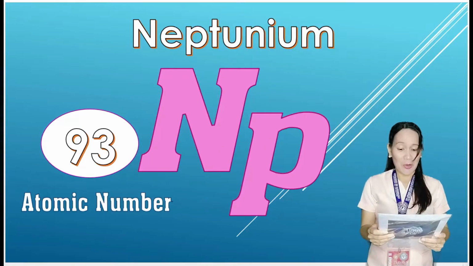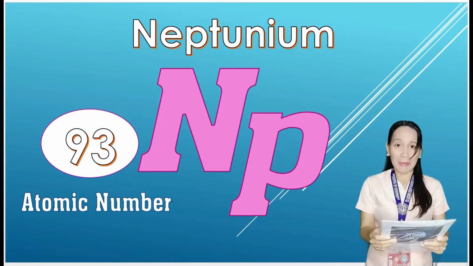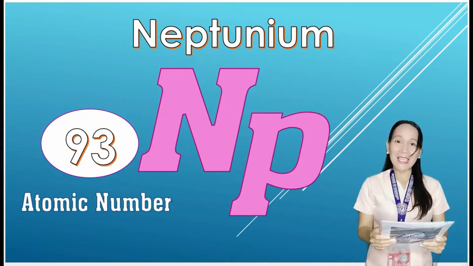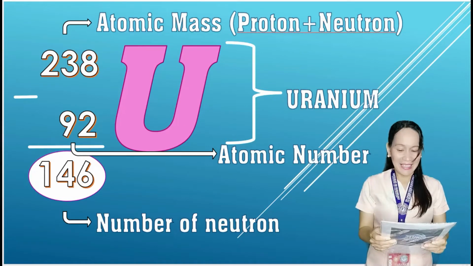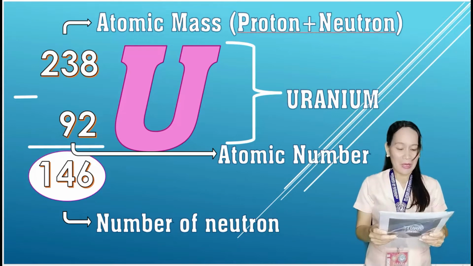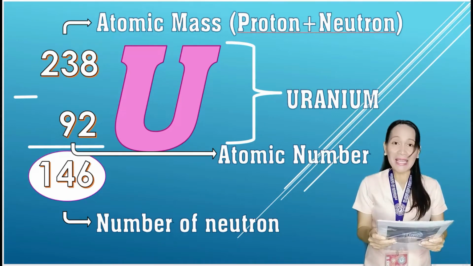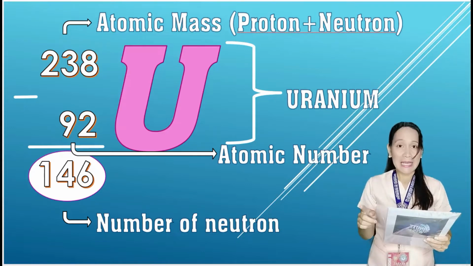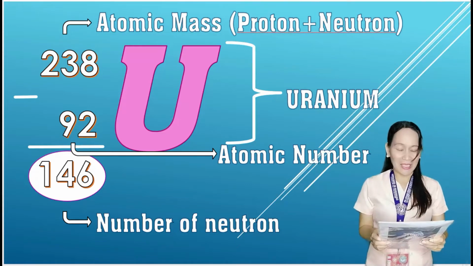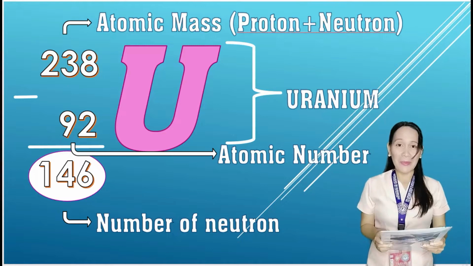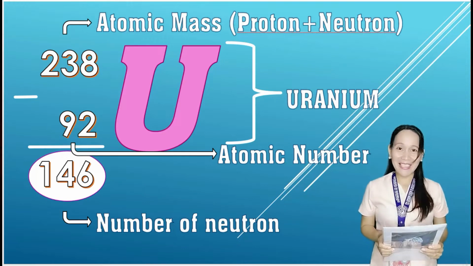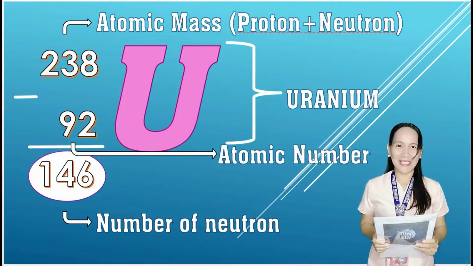If its atomic number changes, for example, it becomes 93, it's no longer uranium, but neptunium. Then, the number at the top refers to the combined number of protons and neutrons inside the nucleus of the atom. It's the total number of the 2 subatomic particles. Did you get the right answer? Good!